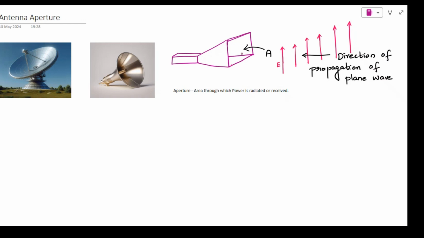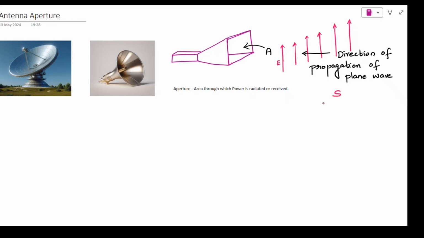Power density is the power flow per square meter for the incident wave. So you can assume that this is the direction of propagation of the plane wave, and let the Poynting vector be given as S, in watts per square meter, and the area of the mouth of the horn can be considered as A.